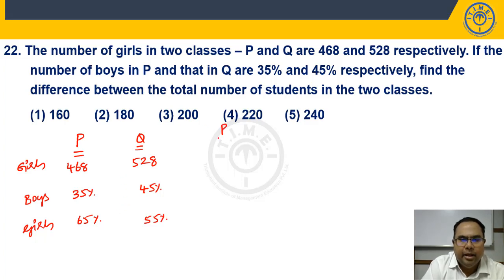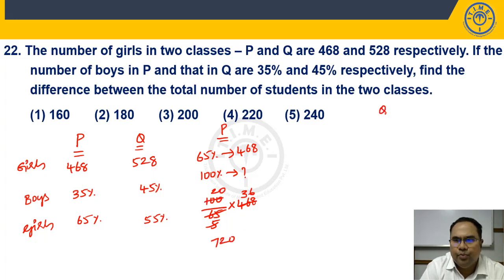If I take P, girls 65% is equal to 468. Total will be 100%. How much? 100 by 65 into 468. 13 5s, 13 3s, 39, 78, 13 6, 5 goes 20. 720.